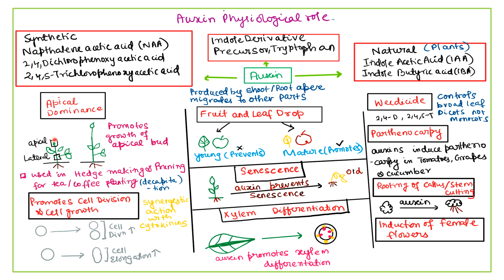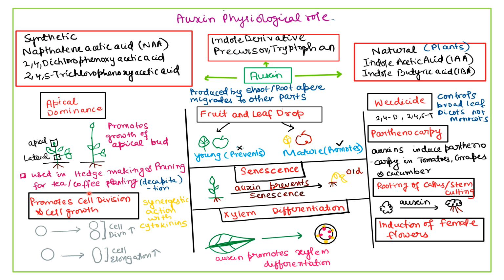One is the apical bud or apical meristem, another is the lateral meristem. So the phytohormone auxin, it induces the apical growth of the plant. That means the top part or the apical part of the plant undergoes more growth in the presence of auxin. Okay, so that is called apical dominance.